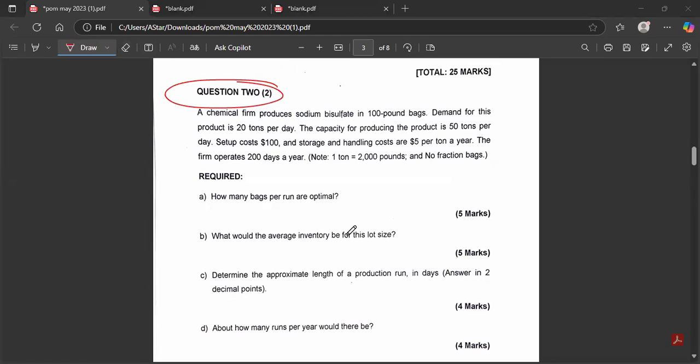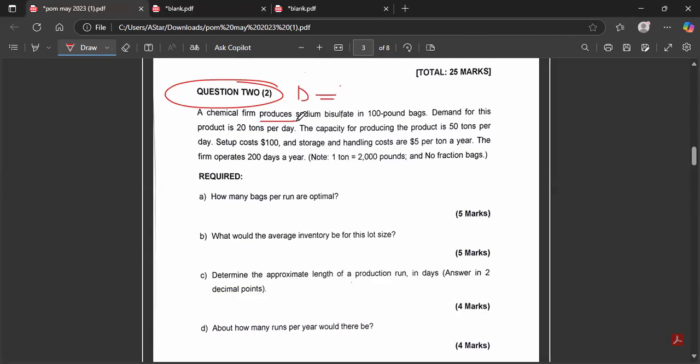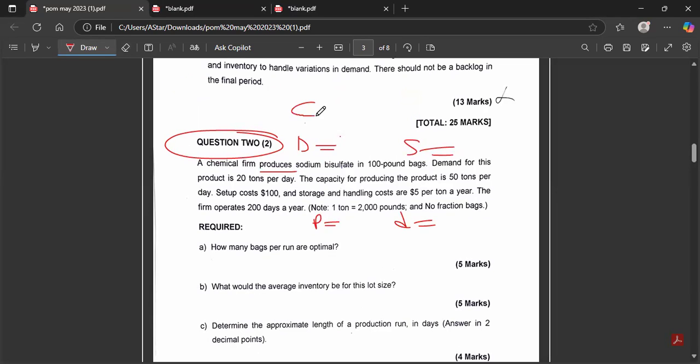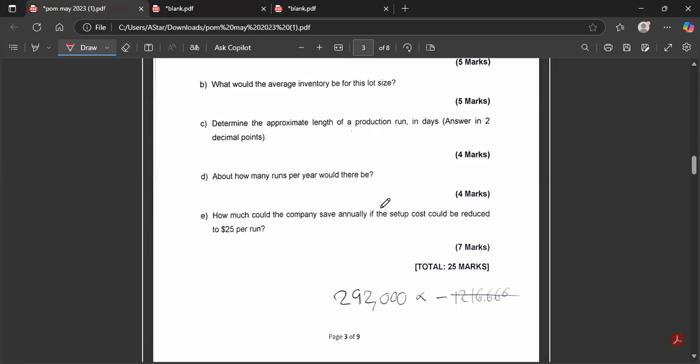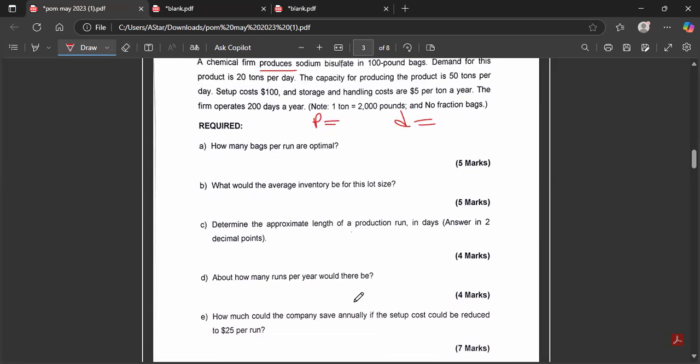Okay, so I've given you 3 minutes to identify for me the D. If it is in production, identify for me the P, take a small d. Identify for me the S. Identify for me the C. 5 minutes. Once you identify those ones, all these questions here for 25 marks, it's a baby to nurse. Okay.